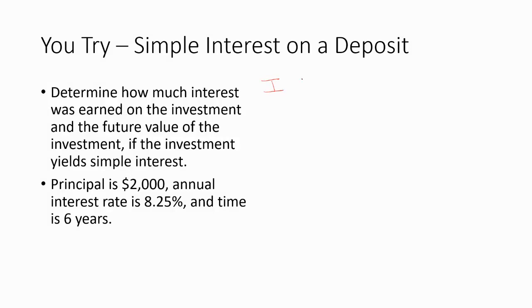Okay. Interest. I equals P times R times T. My principal is 2,000. My interest rate is 0.0825. And my time is 6 years.